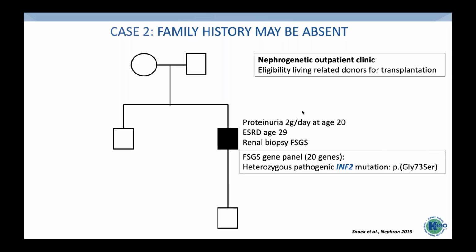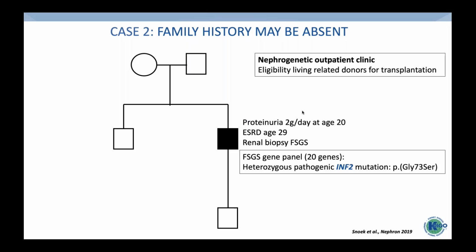We performed gene panel testing for FSGS in this person, a panel encoding 20 genes, and we found a pathogenic mutation in the INF2 gene. INF2 is known to be an important gene for autosomal dominant focal segmental glomerulosclerosis, so we thought this was certainly the cause of the disease in this patient.